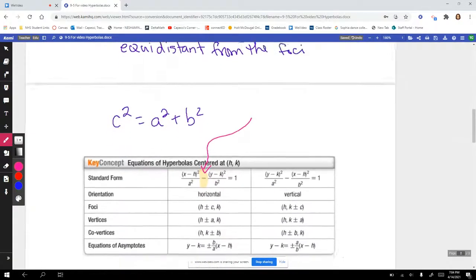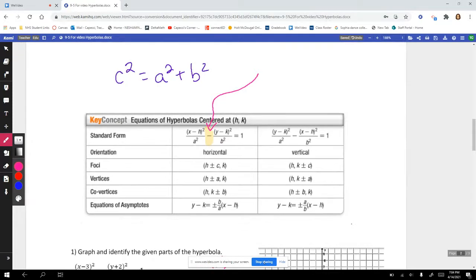All right, we've been working with a chart, so we know we have two different ways we can go, horizontal and vertical. Pay attention very carefully, because I know the equation looks a little bit like an ellipse, but we have a negative sign here. So whether X or Y comes first is definitely going to make a difference. We have an X here, we have a Y here.